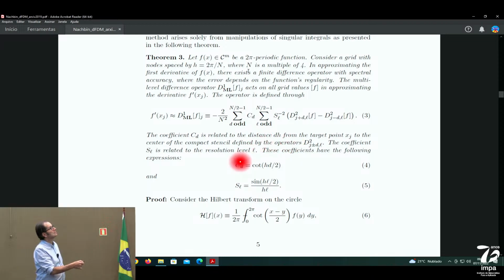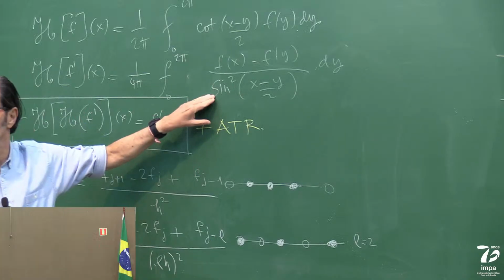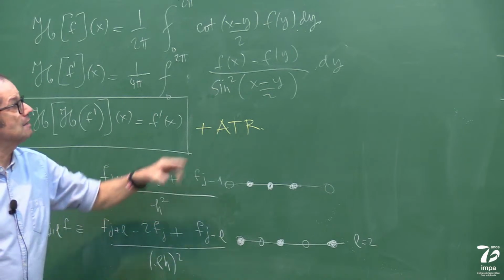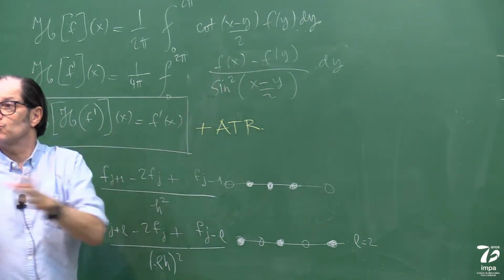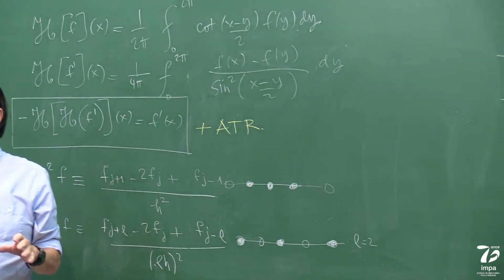So look, this C here is the cotangent. This S here is the sine. Okay, exactly. And then these differences that appeared here, I was able to reorganize them, and that kind of amazed me.